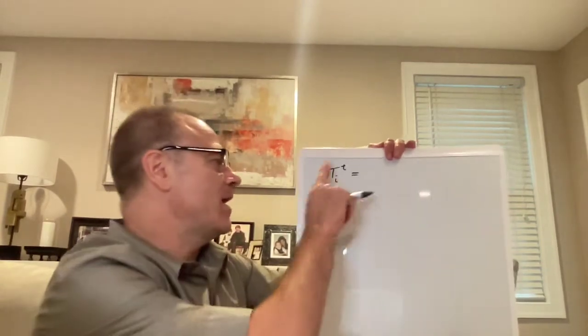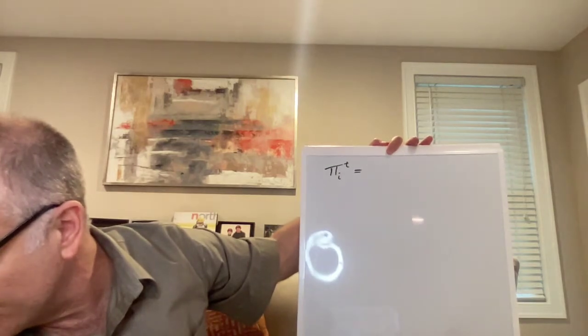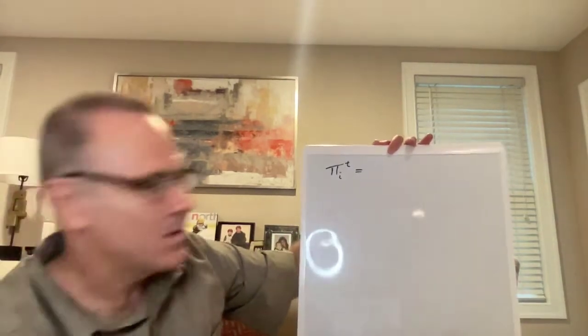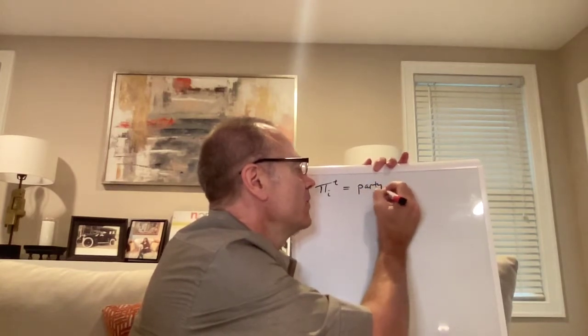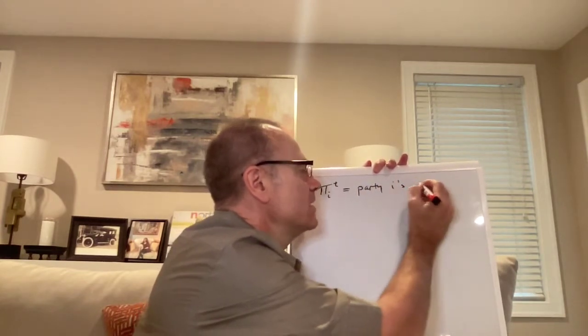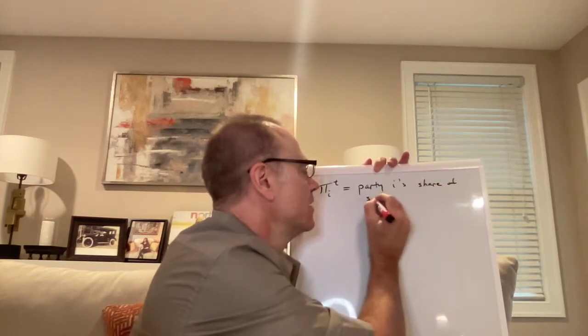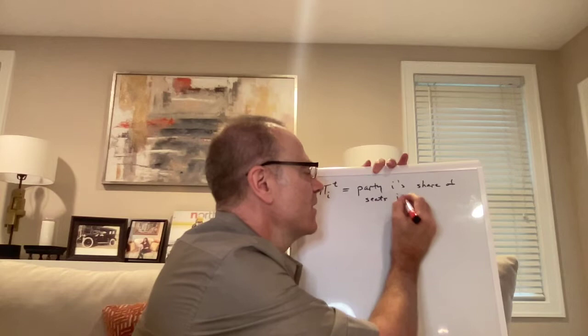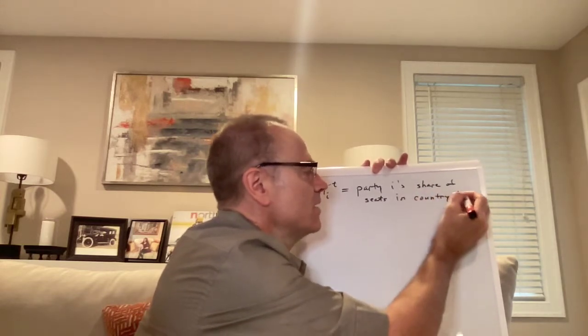So pi_it equals party i's share of seats in country t.